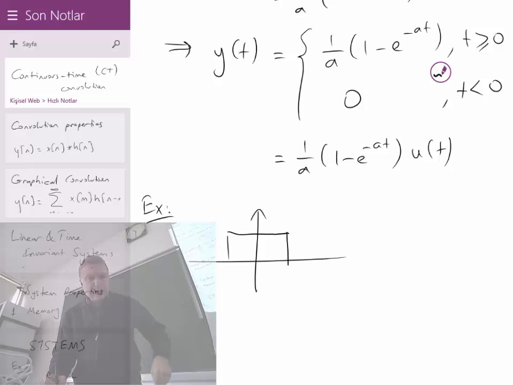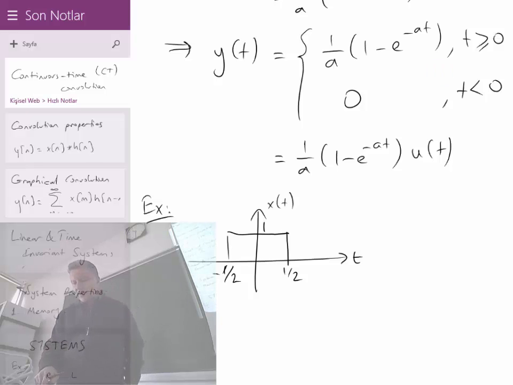From minus 1 over 2 to plus 1 over 2 in time, this is 1, and that is x of t. The magnitude is 1.